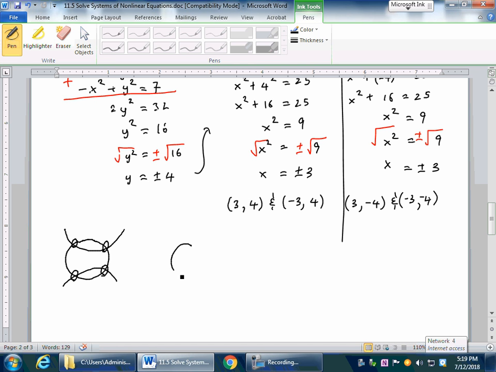Or here is a circle, and my hyperbola will be something like this, so it could have only 2 solutions. Or it could have one solution, where the hyperbola's vertex is the only point intersecting. Or lastly, the circle and hyperbola never intersect. So we could have four situations.